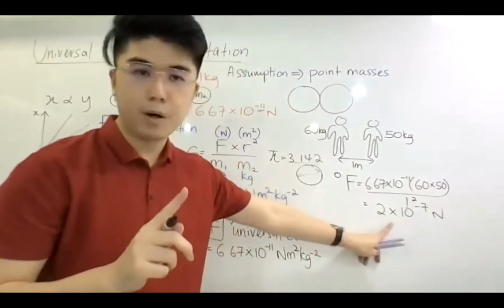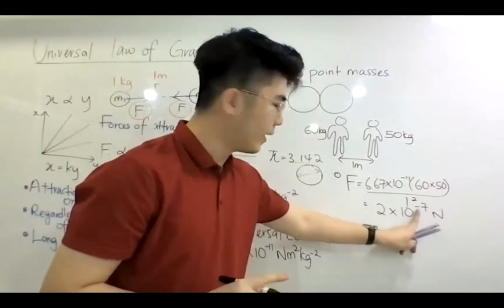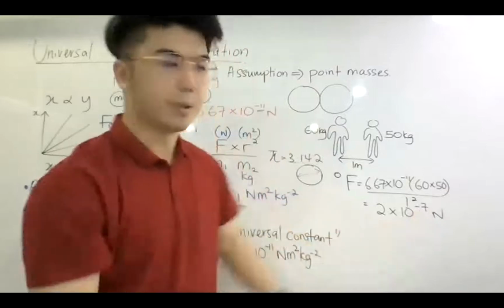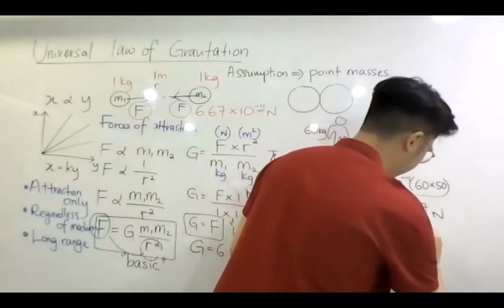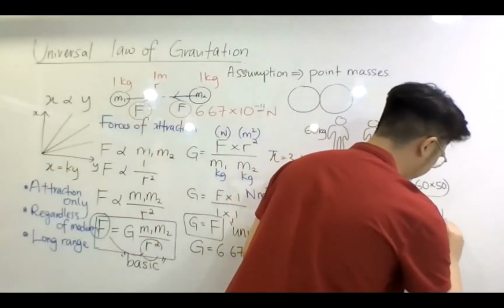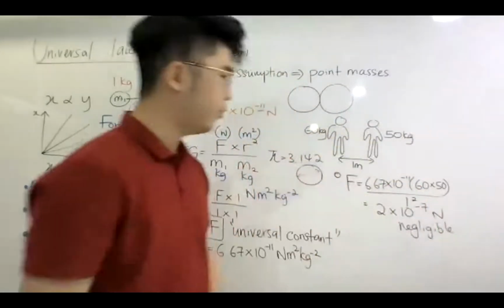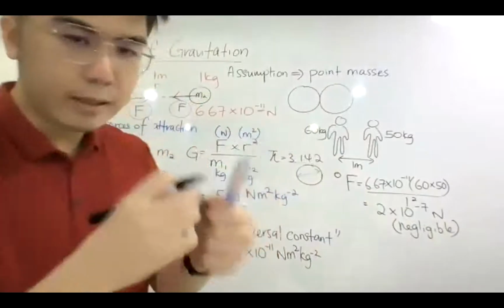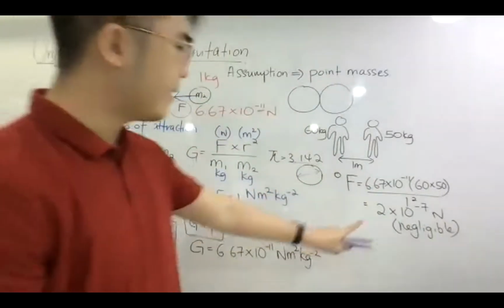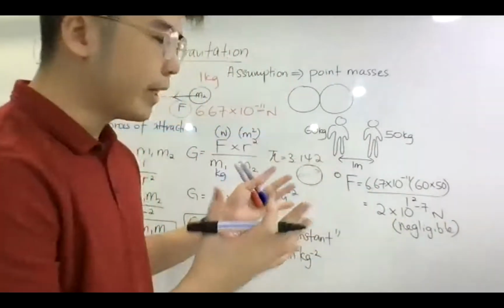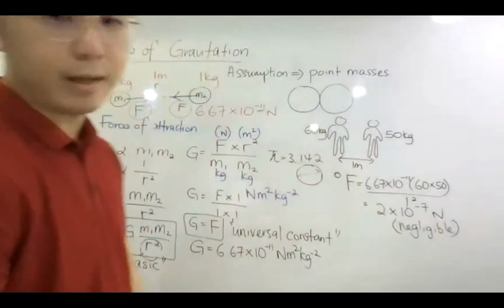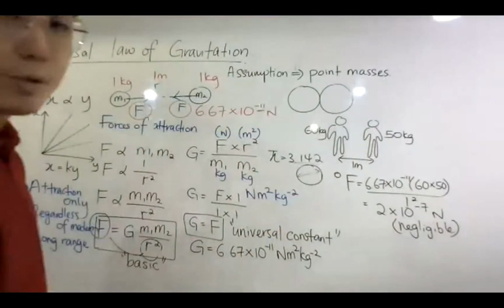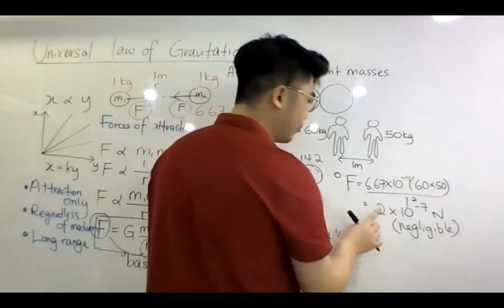This force is very small, so we say it is negligible. Okay, negligible, what does it mean? That means it is too small that we do not count it. It is so small that there is no difference, so I just drop it. I just treat it as not there. This force is negligible.